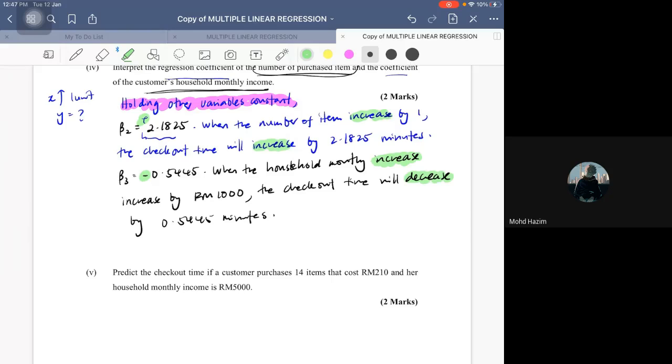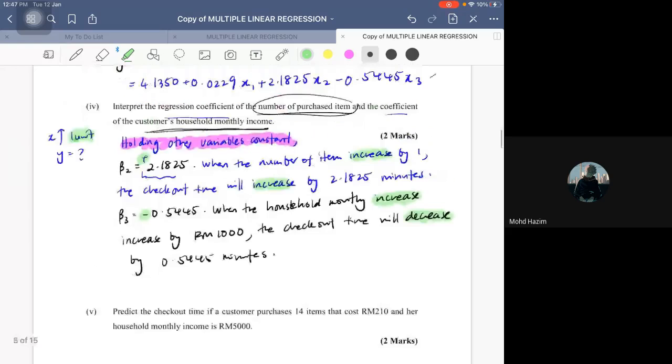The thing you have to be very careful about is that first you have to look at the direction. If it's positive, when x increases, y increases. If negative, when x increases, y will decrease. And you also have to mention the unit. It's always x increased by 1 unit, but you have to know what 1 unit of x is. For the case of beta 2, 1 unit means that you purchase one more extra item.